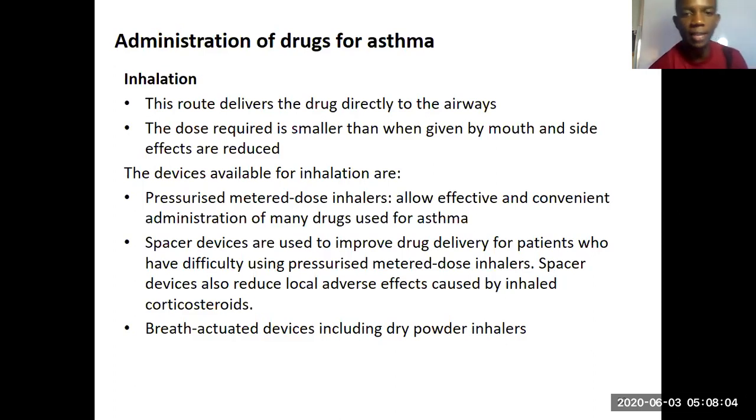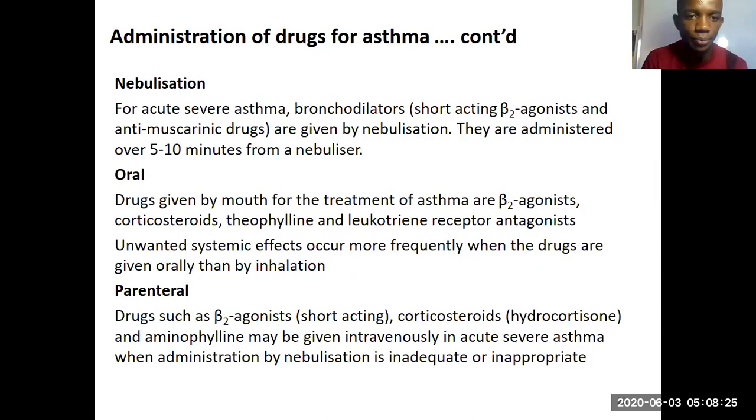The devices available for inhalation are pressurized meter-dosed inhalers. Spacer devices are used to improve drug delivery for patients who have difficulties using the pressurized meter-dosed inhalers. And then we have the breath-actuated devices, including the dry powder inhalers.